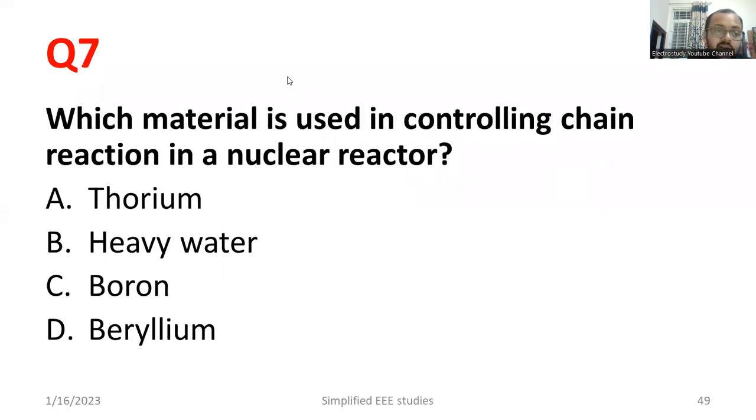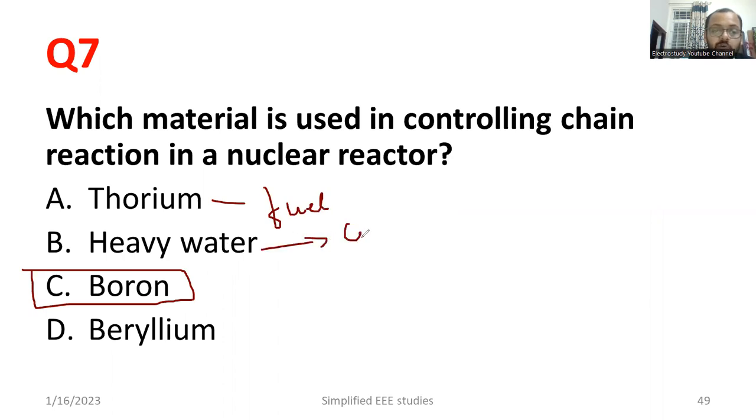Question number 7. Which material is used for controlling the chain reaction in the nuclear reactor? In order to control the chain reaction, we are using cadmium and boron in nuclear power plants. Thorium is a nuclear fuel: uranium, thorium, plutonium. Heavy water is used as a coolant. Sometimes it is used as moderator as well.